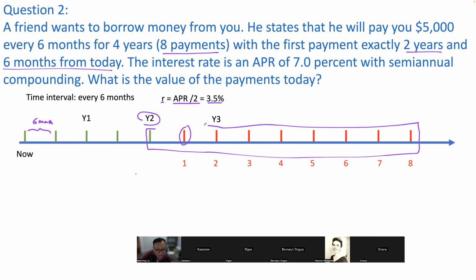So I highlight this time frame using the purple color. For that time frame, the 8 payments, do you think this is an ordinary annuity?